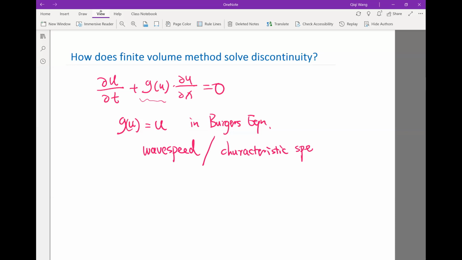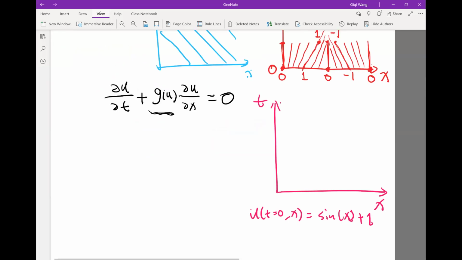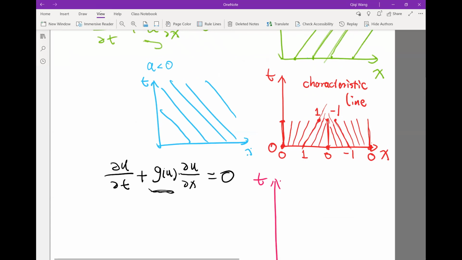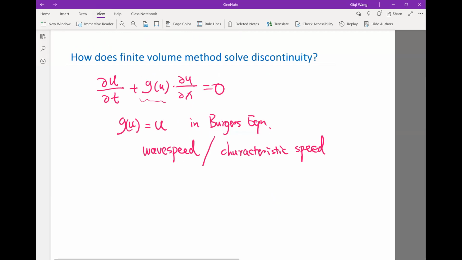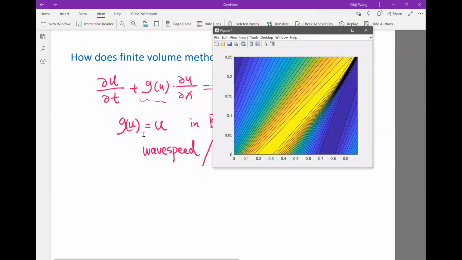It's called the characteristic speed and the wave speed because it actually is the reciprocal of the slope of the characteristic lines. So if you look at the characteristic lines we see in our x-t plot, the reciprocal of the slope is actually g of u.